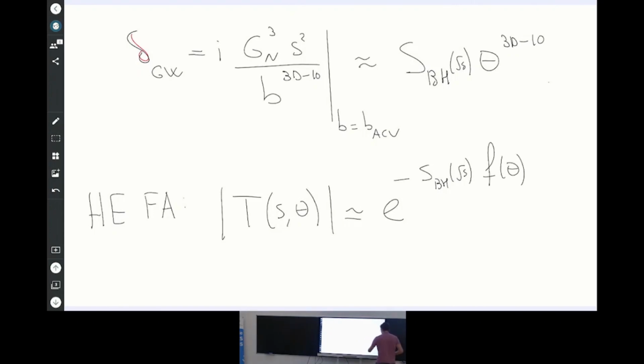And at small angles, this is again the picture of ACV, that at small angles this function behaves as theta to the 3D minus 10, up to log theta, which is a subtle story, but there could be extra logarithm here. So this is another formula that people like to write in this subject.